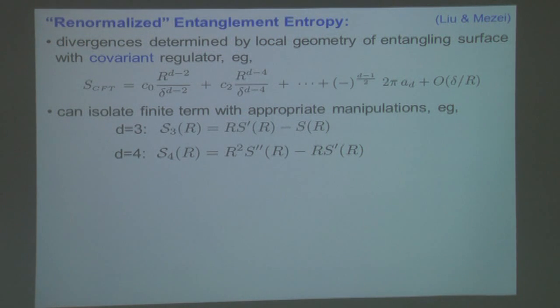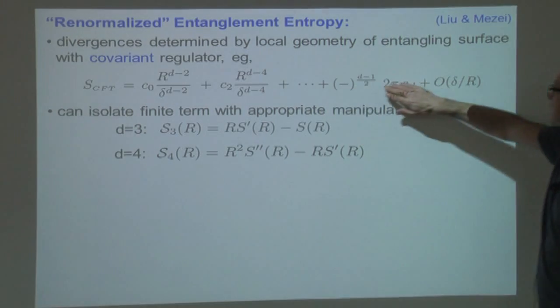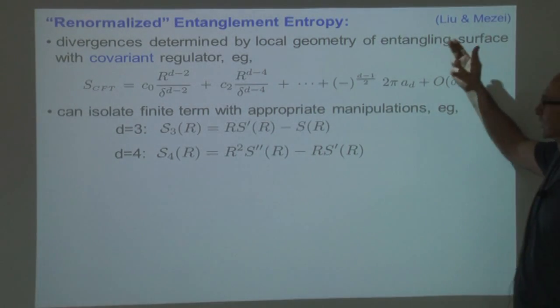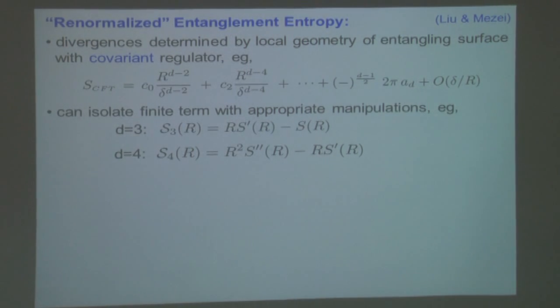So an approach or a suggestion on how to get around all those problems was this renormalized entanglement entropy by Hong Liu and Mark Mezei. What they said is, let's look at what an entanglement entropy looks like. And this is a formula that I wrote down before, and we're going to be in odd dimensions, so this is my new name for the constant term.